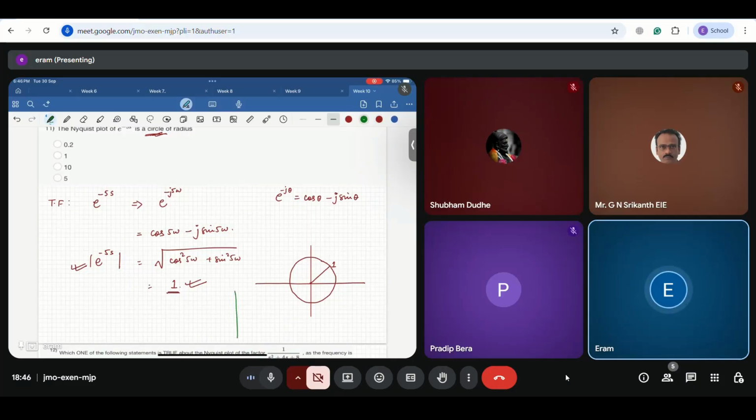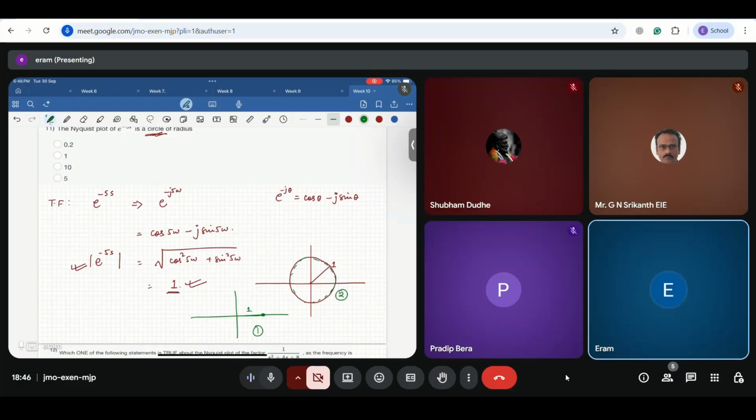You can have a point where this magnitude is always 1 whatever the frequency is, and the second option is you can have a circle, because a circle has a fixed radius, that means a fixed magnitude. So you can either have this option or this option.